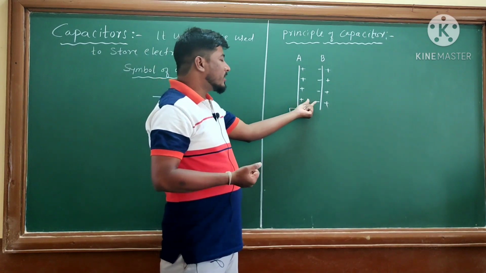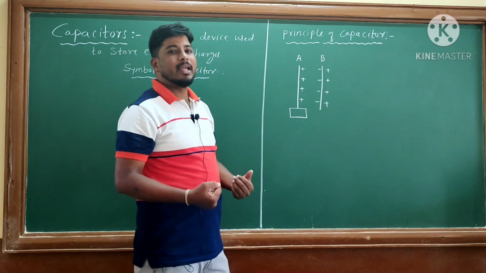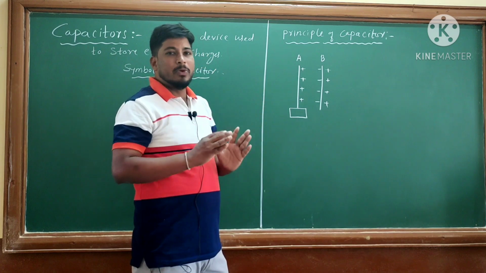This force of attraction makes the conductor A decrease its potential.